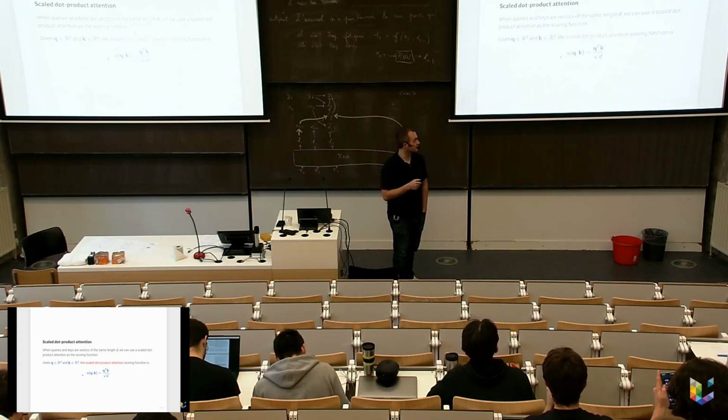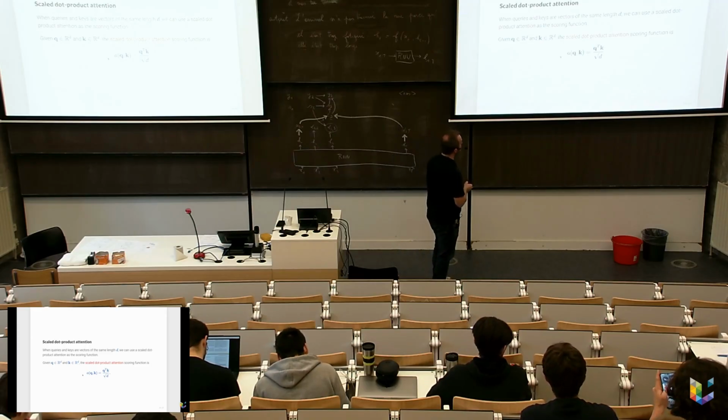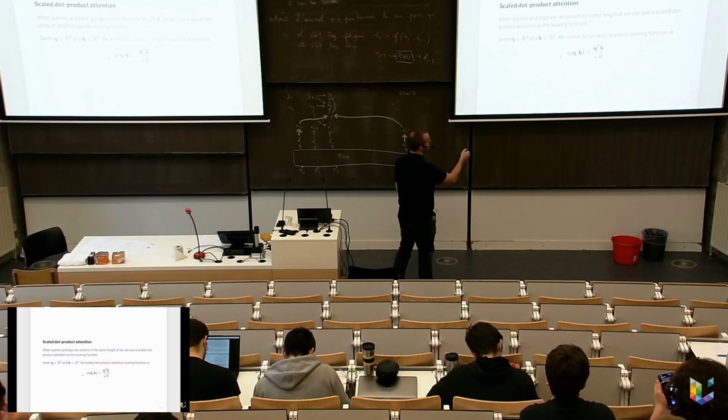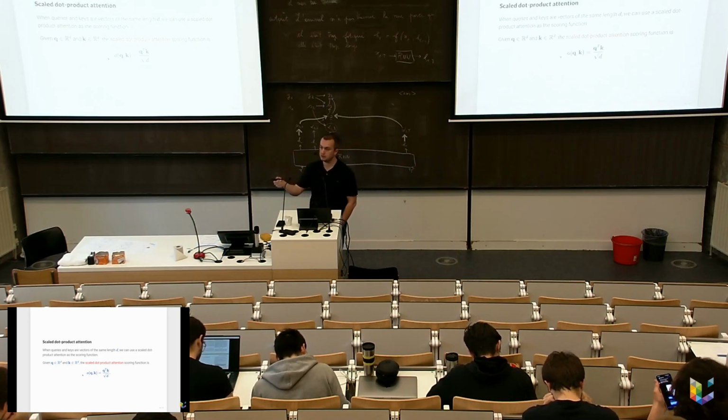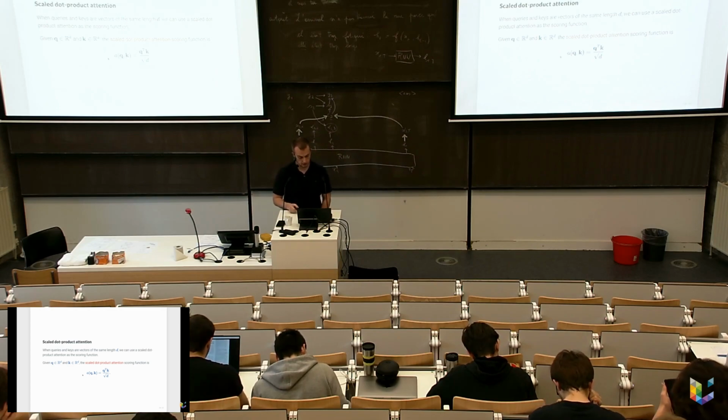Okay, which makes sense. And the only thing that changes from a regular dot product is that we divide by the square root of D, where D is the dimension. So in this case, the length, the number of tokens that you have.